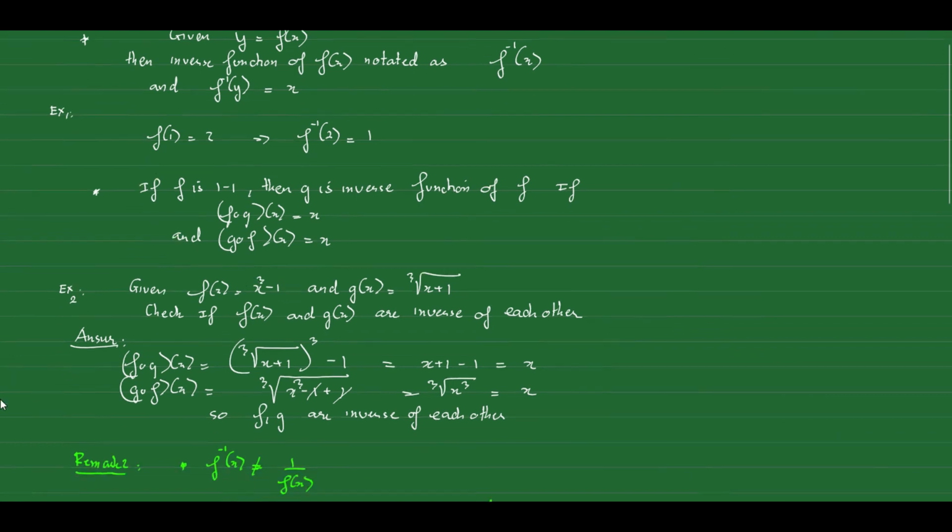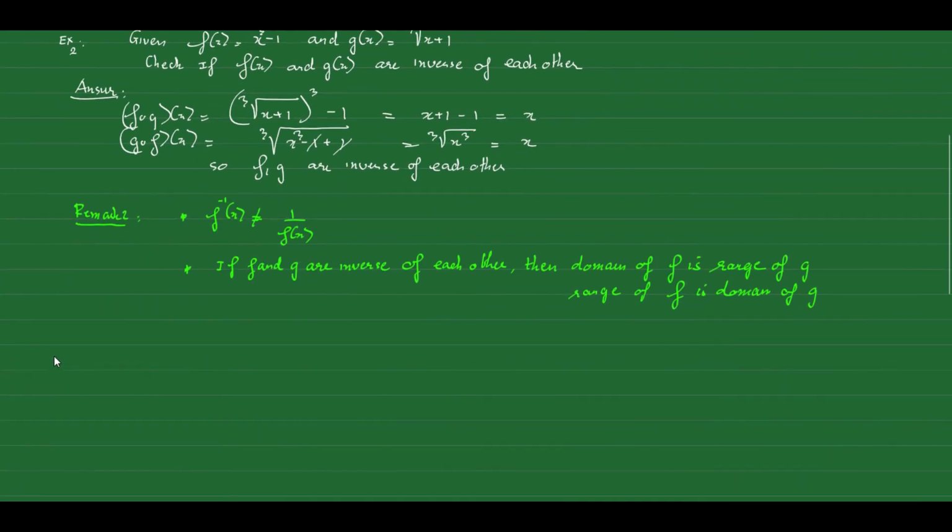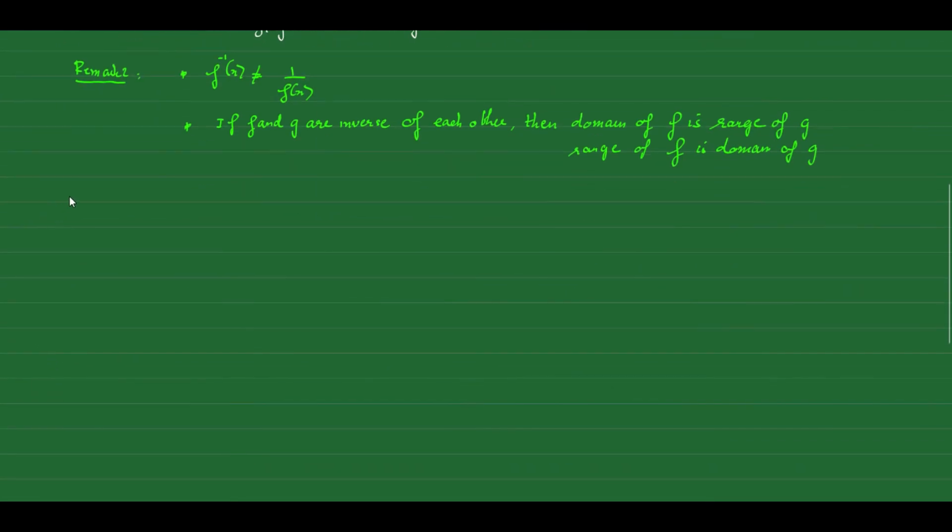Example 3. Given two functions like this, f of x equals x minus 3 over x plus 4, and g of x equals x plus 3.